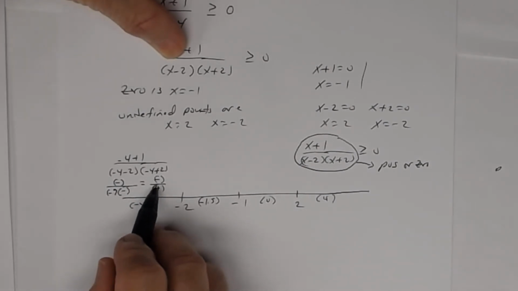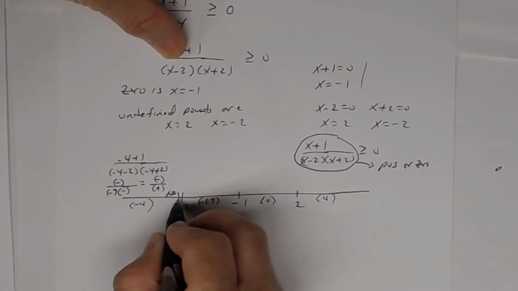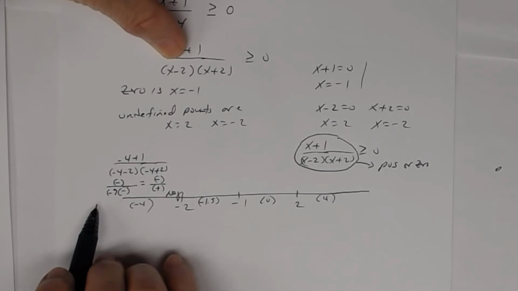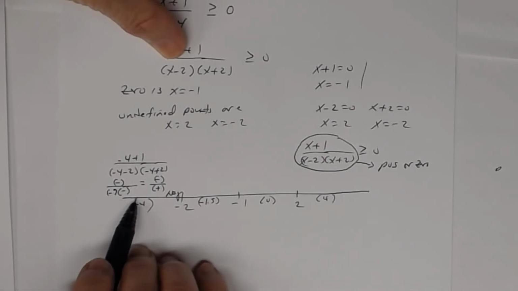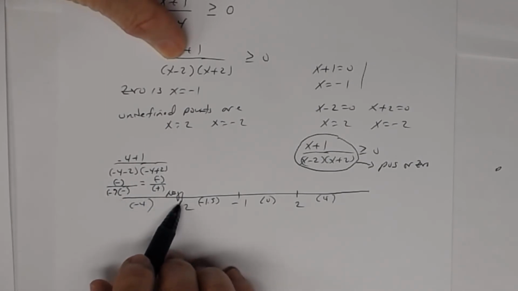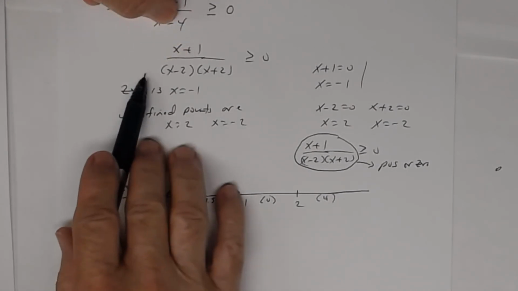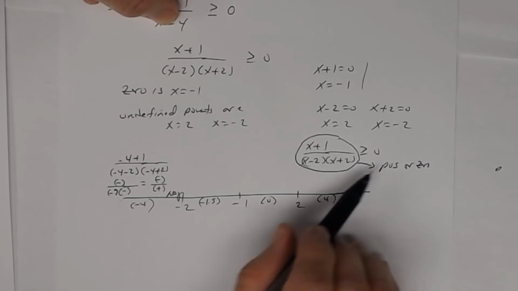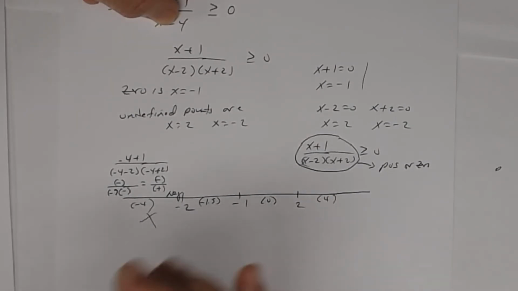And now this kind of looks like the previous one. A negative divided by a positive is a negative. So this interval is negative. So what that means is that any real number between negative infinity up to negative 2 will make this rational expression negative. Is that something I want? The answer is no. So I'm going to put a little x there.